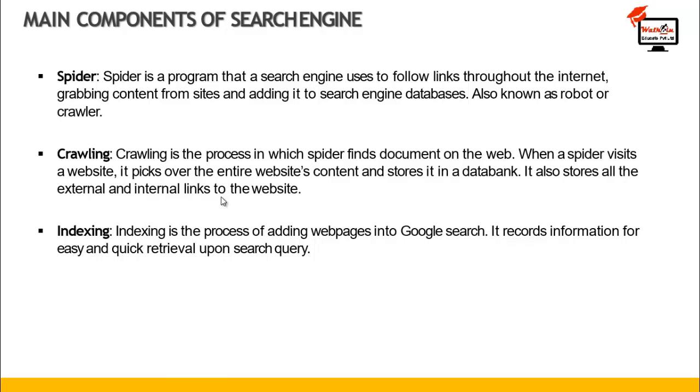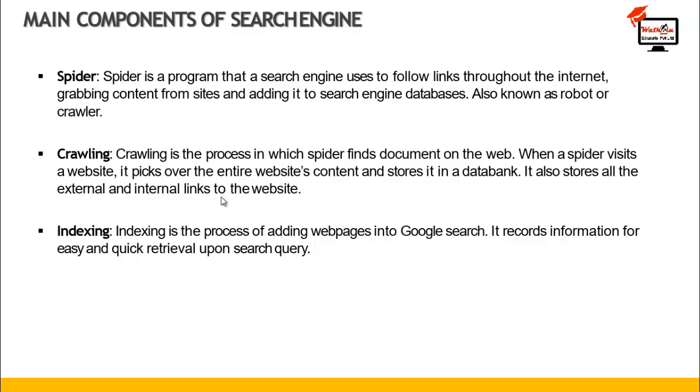If I have to give you an easy example of indexing, if we go to any library, we will find various sections in which the books are arranged. Why are books arranged in different sections? So that when we search for any book, it is easy to find.